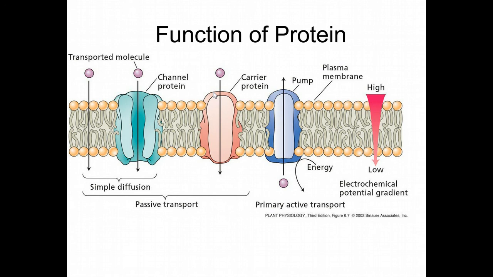And all that I've talked about so far are passive transport. The one that actually is probably the most used is the one called primary active transport. Okay? And that requires energy, almost always ATP.